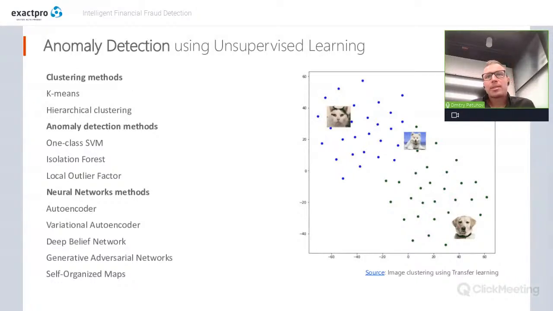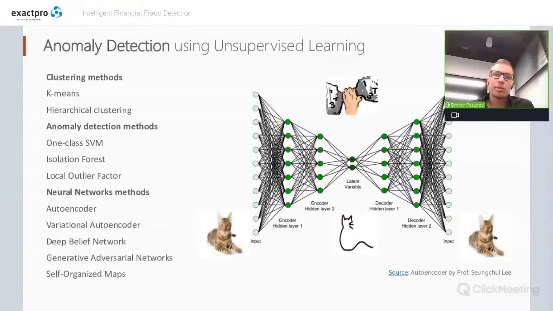And as I already said, we have a slightly different approach in neural network algorithms, and I want to discuss in a little more detail the autoencoder neural network architecture.